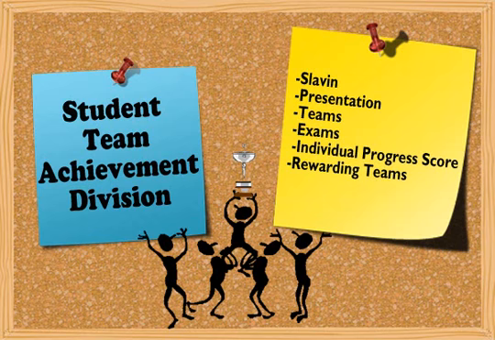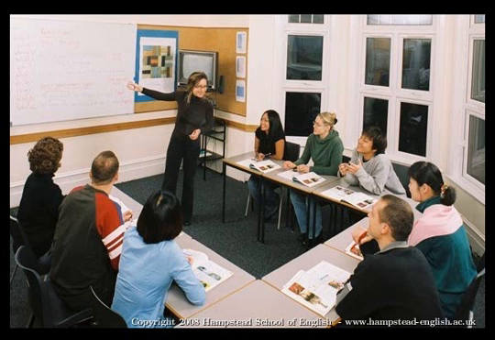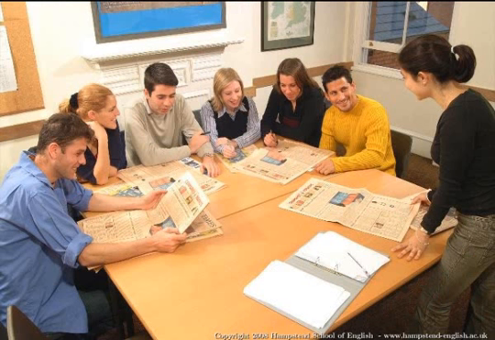Student Team Achievement Divisions model. This model was developed by Slavin. Students are assigned to 4-member learning teams that are mixed in performance level, gender, and ethnicity. The teacher presents a lesson and then students work within their teams to make sure that all team members have mastered the lesson.